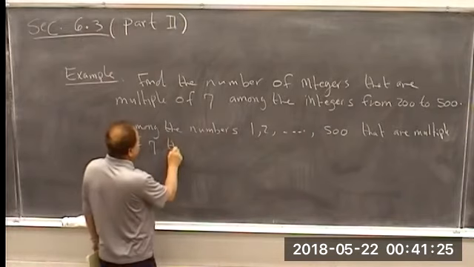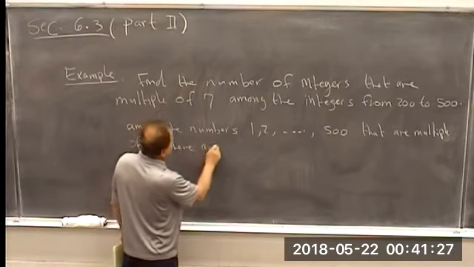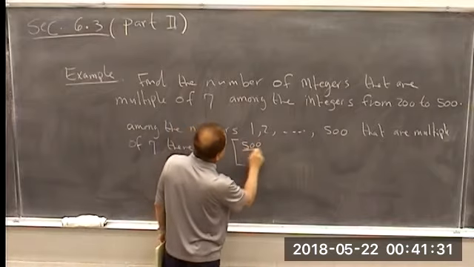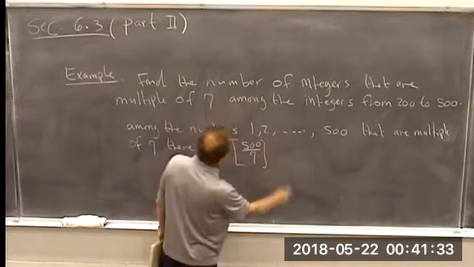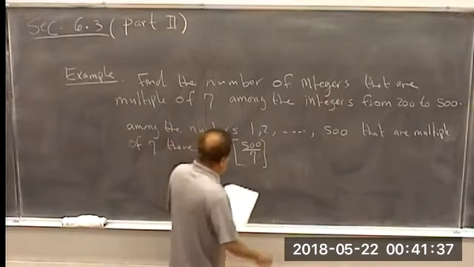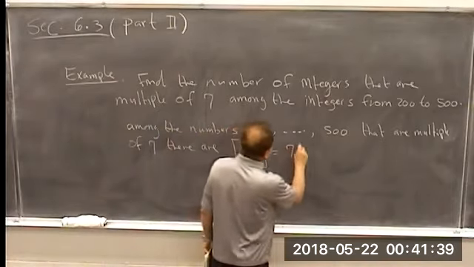There are 500 over 7 of those, and this is equal to 71.